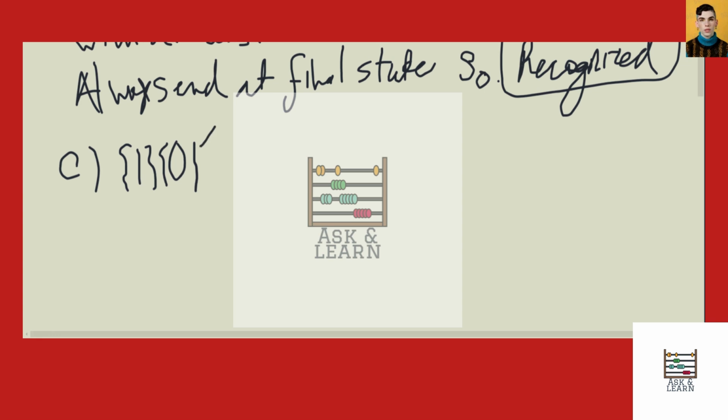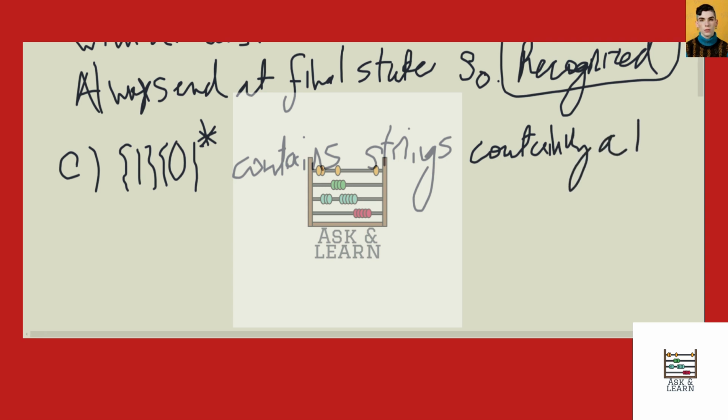Again, we know that the Kleene closure of the set containing 0 contains all possible sequences of zeros, and therefore it follows that this set contains strings containing a 1 followed by any sequence of zeros.